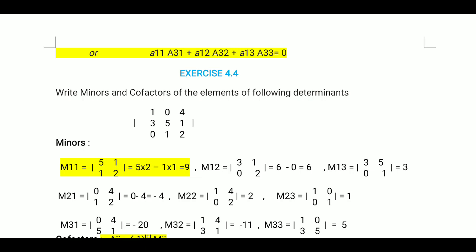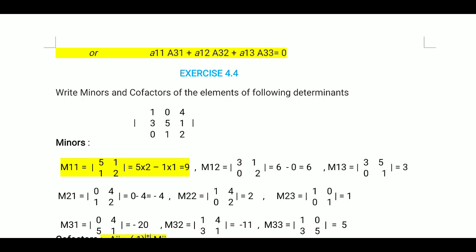And similarly we can get M12. M12 means the first row second column element, that is here 0, but the minor will be found leaving this row and this column, that is 3 1, 0 2. So we get 6 minus 0, that is 6. Similarly M13, minor of the first row third column element.